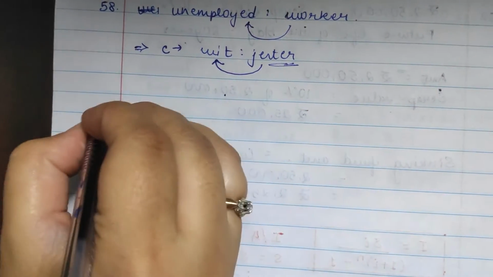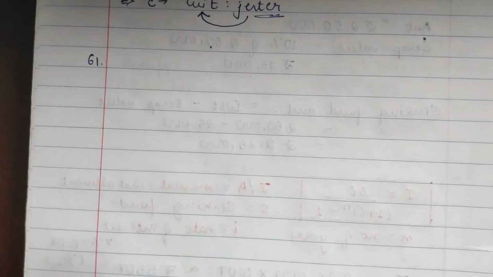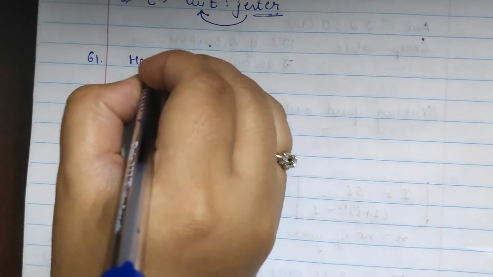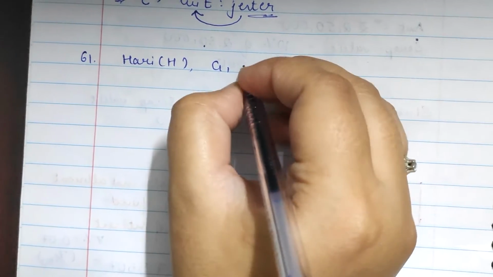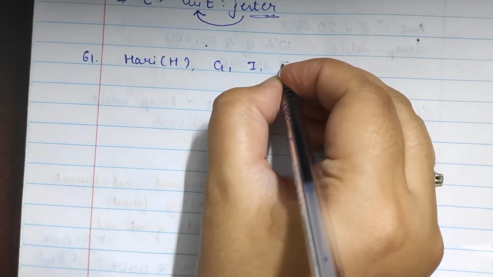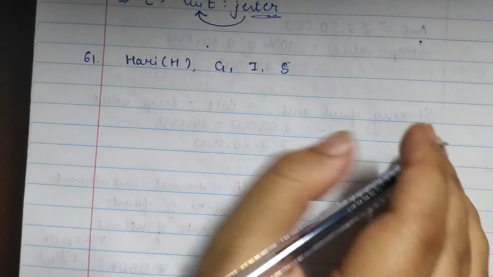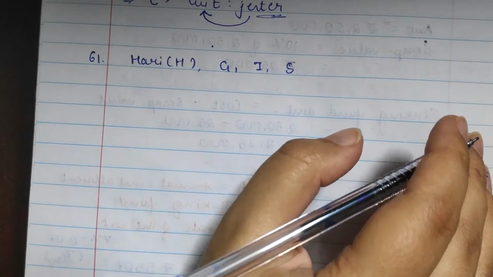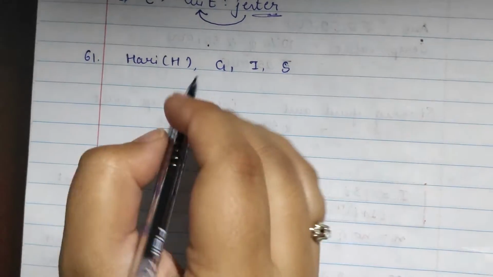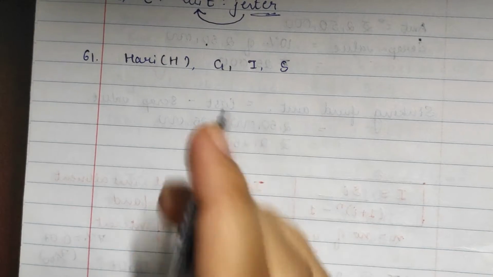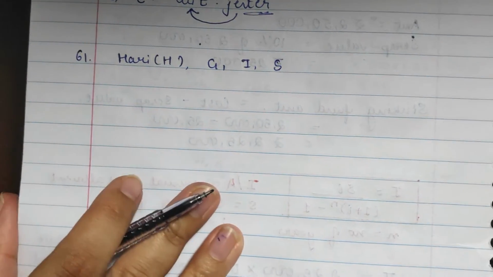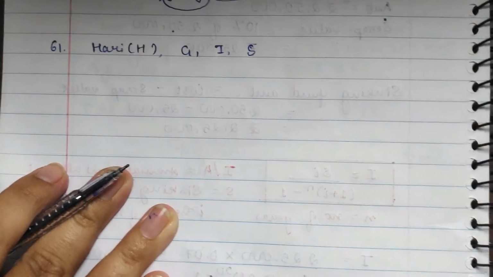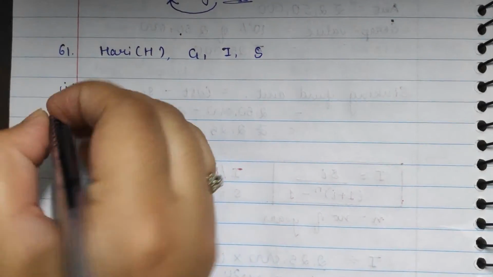Coming to 61, which is your aptitude question. Hari, Geeta, Irfan and Saira are siblings. So we have Hari, which is H, we have Geeta, we have Irfan, and we have Saira, and they are siblings. All were born on 1st January. The age difference between any two consecutive siblings, that is, born one after another, is less than 3 years, and some facts have been given.